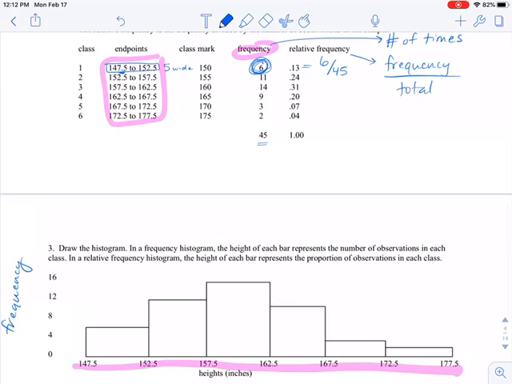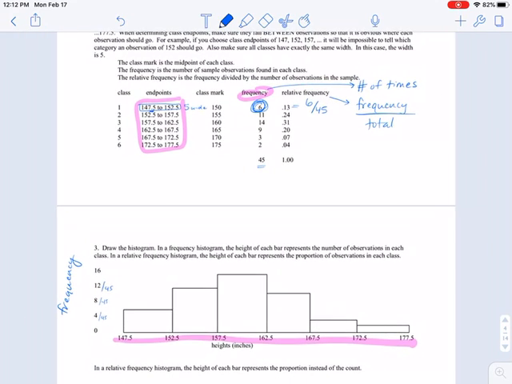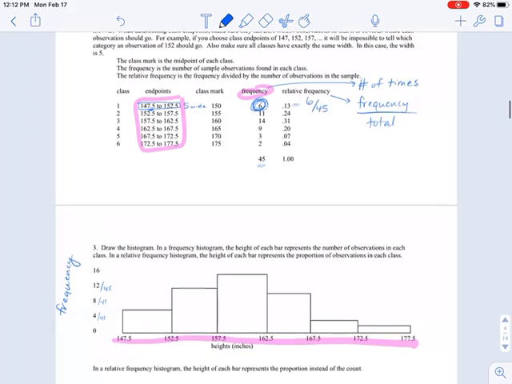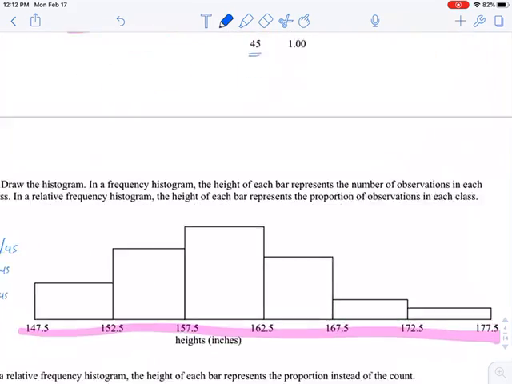I'd like to point out it's pretty easy to convert from frequency to relative frequency. If I were to take each one of these and divide by 45, that would get me relative frequency if I was interested in that. And then the height of the bar is simply taken off of my table.